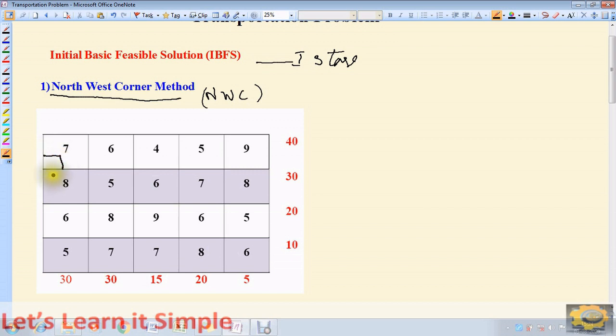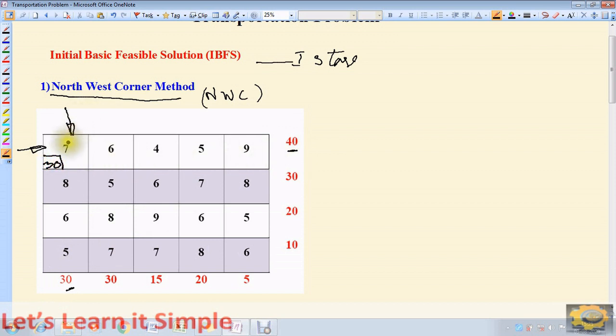Now look for the values in the corresponding column and corresponding row. If you go down the first column, you have 30, and if you move along that row, you have 40. So compare 30 with 40, whichever is lesser can be allocated here.